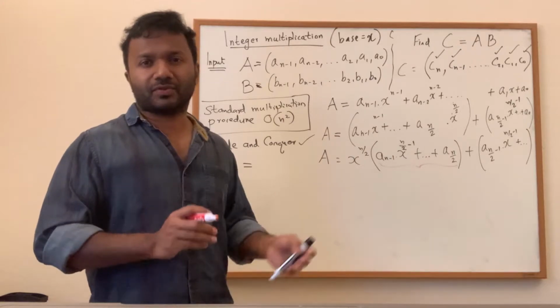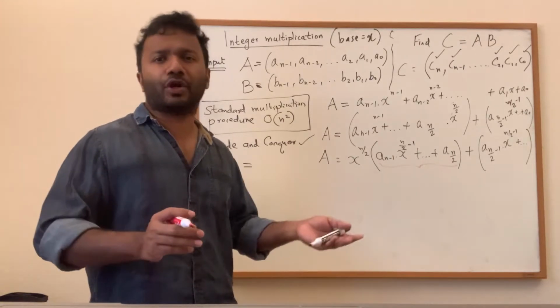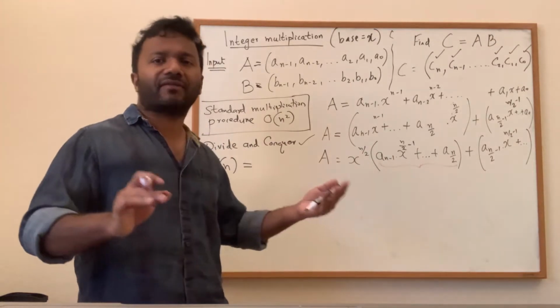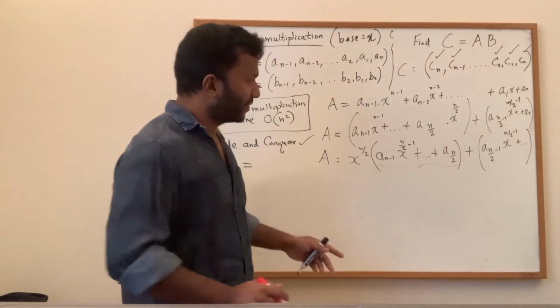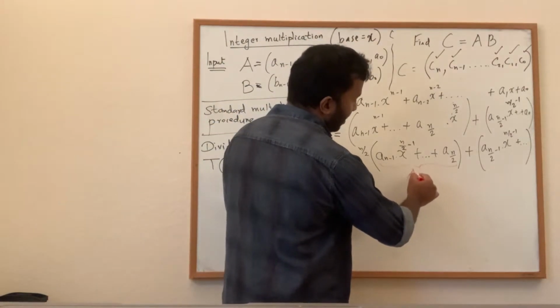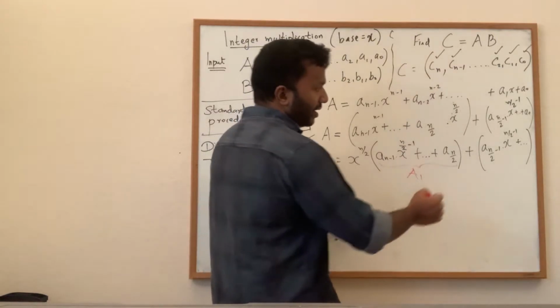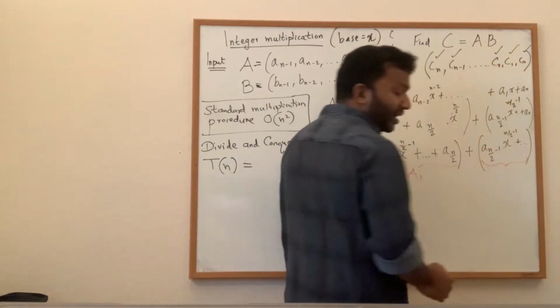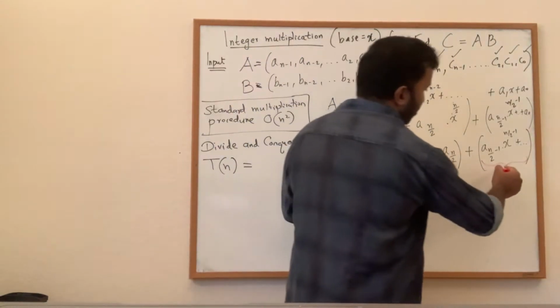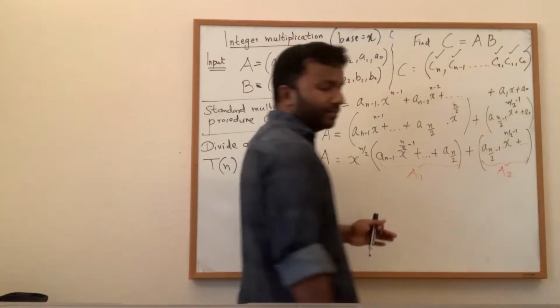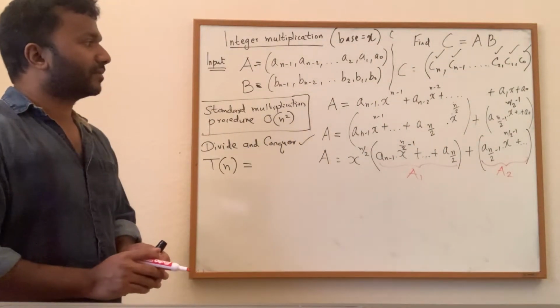Based on ceiling and floor, it may have n over 2 plus 1 digits, so roughly n over 2 digits. Let me call it a1. Similarly, this part is clearly an n over 2 digit number, and let me call it a2.